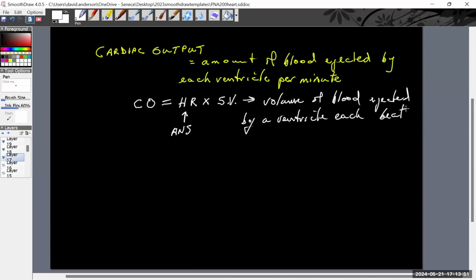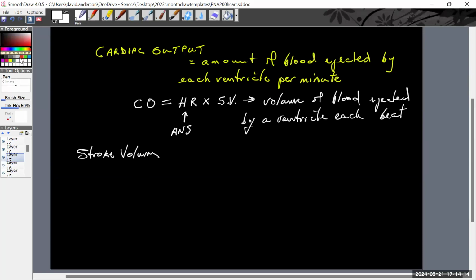So as blood is being returned to the heart, we're creating the volume of blood that is going to become stroke volume. So stroke volume is a function of the volume of blood that's going to be ejected.